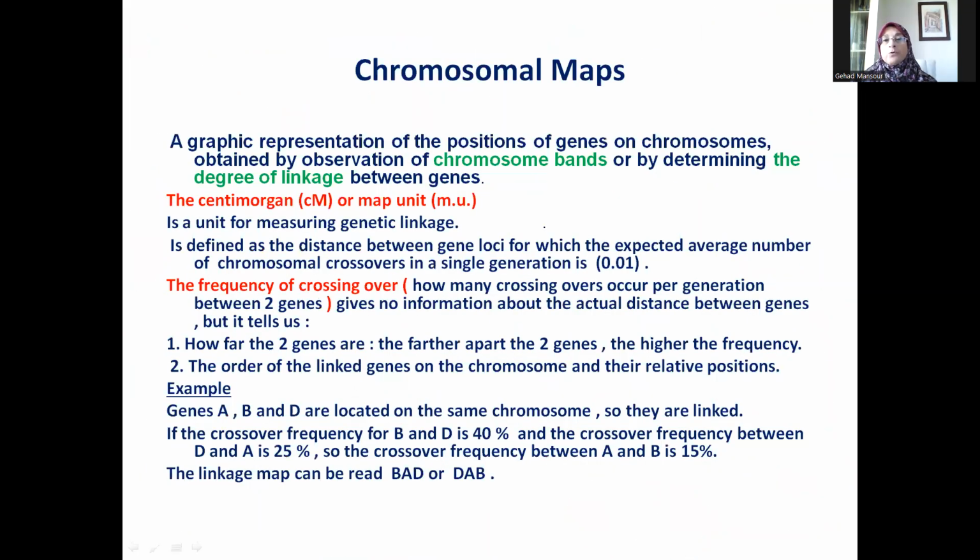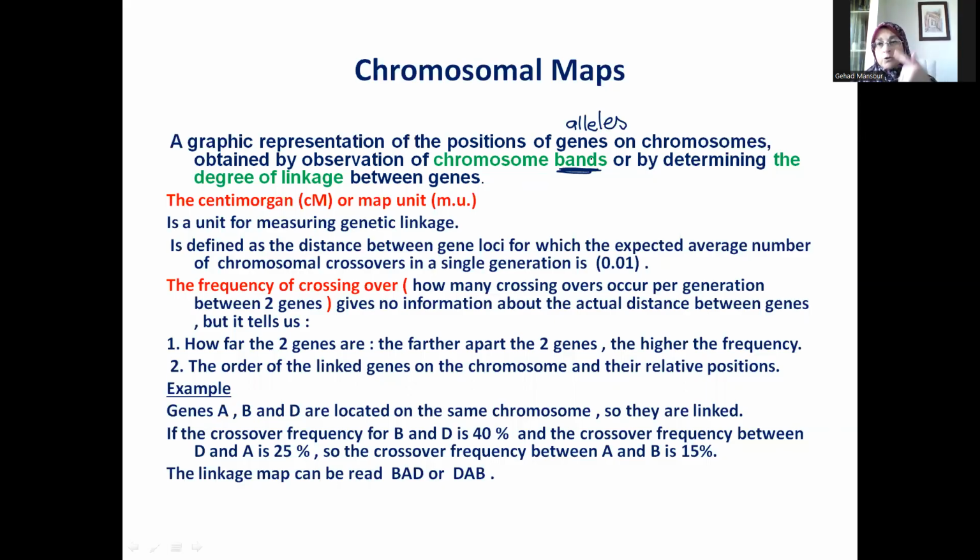Okay? So the chromosomal maps are a graphical representation or a diagrammatic representation of the positions of the genes, or actually, more correctly speaking, of the alleles on the chromosomes that are obtained by observation of the chromosomal bands.